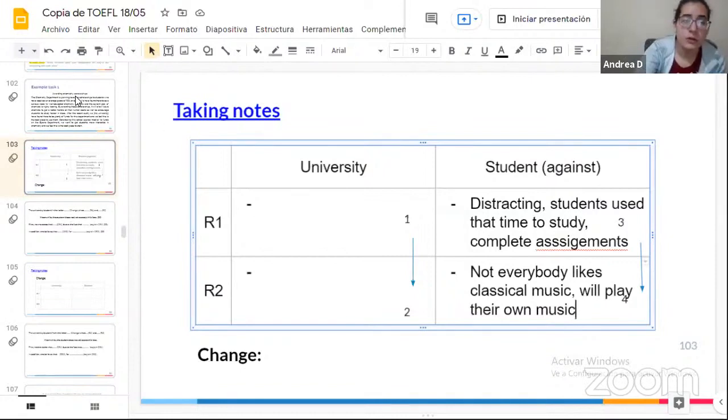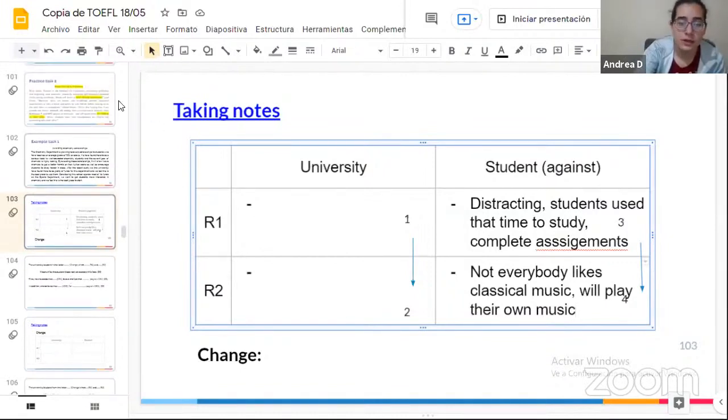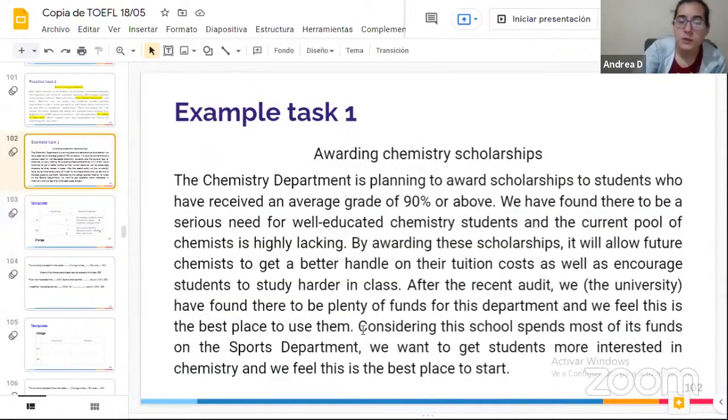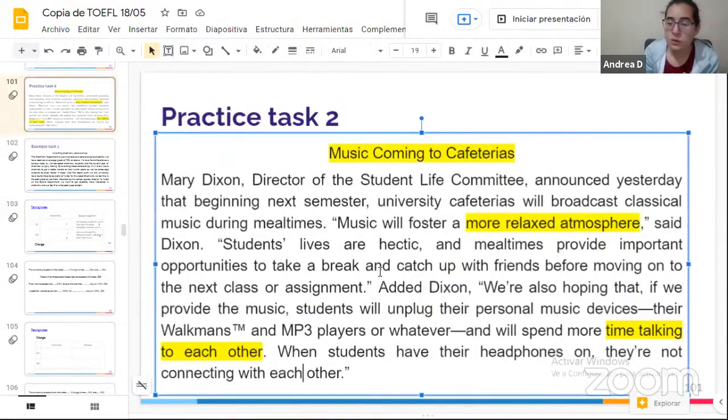If I were you guys, I would also try to connect it a bit to the reading. Because if you think about it, this is all responding to this. The university says, we want to create for you a more relaxed atmosphere. And the student is like, well, I don't want a more relaxed atmosphere. I want to study and focus on my exams, my tests, my assignments during that time. So it's responding to that argument.